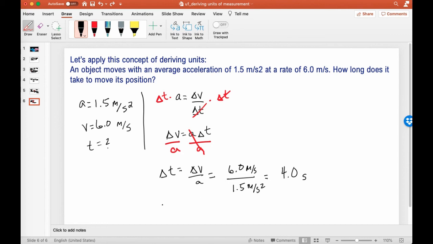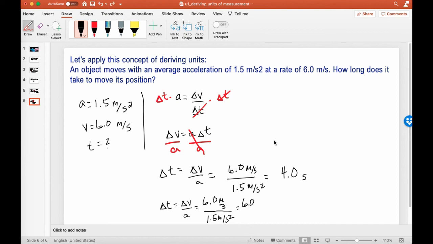So I'm going to come below this. Delta t equals delta v over the acceleration. Well, we already know that this is 6 meters per second divided by the acceleration, which is 1.5 meters per second squared. That is 6 meters, excuse me.